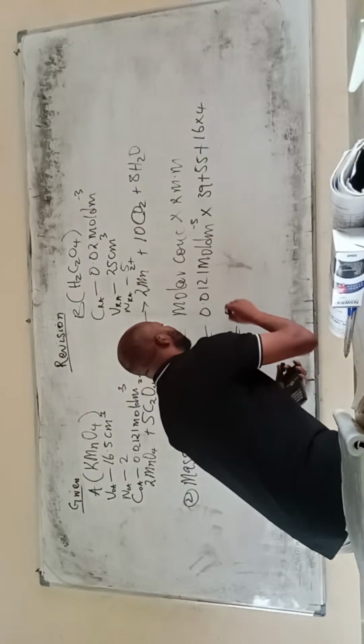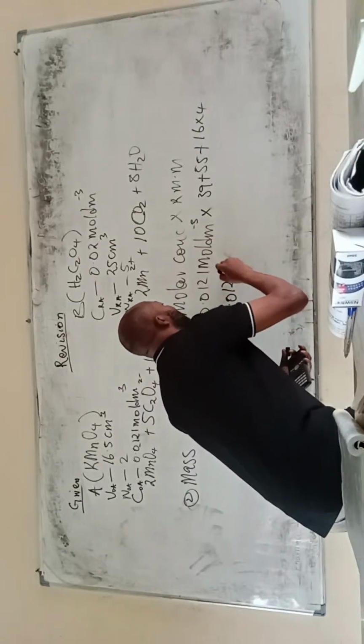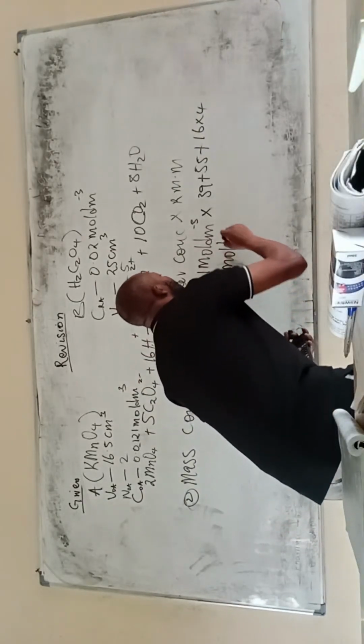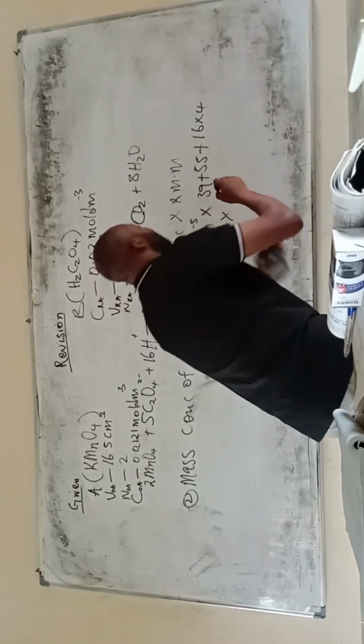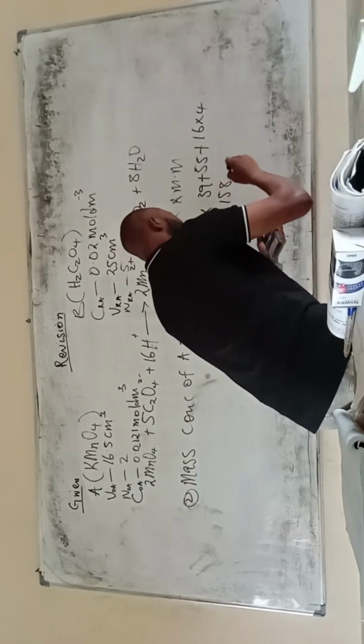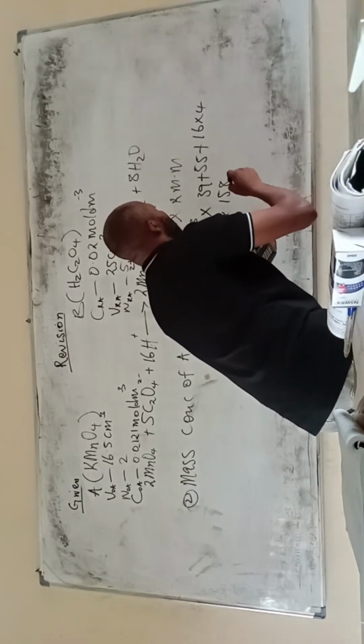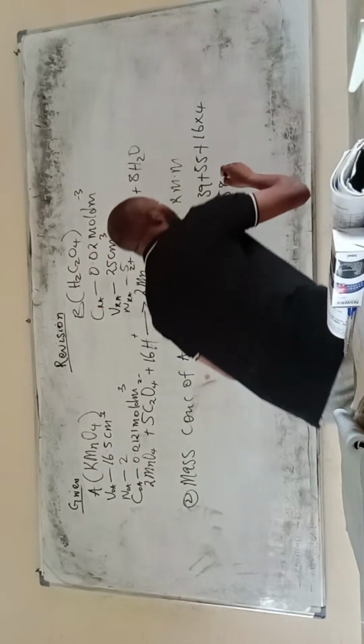So I have 0.0121 mole per dm cubed times 158 g per mole.